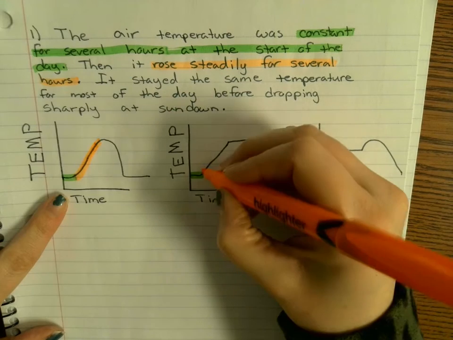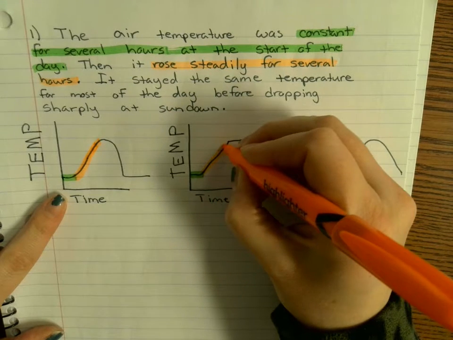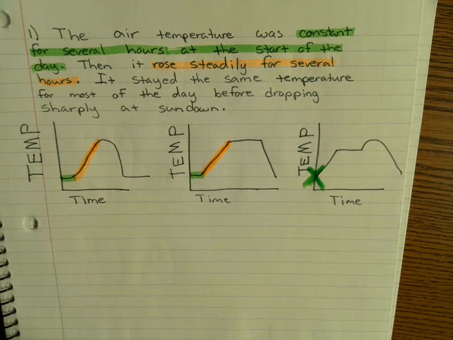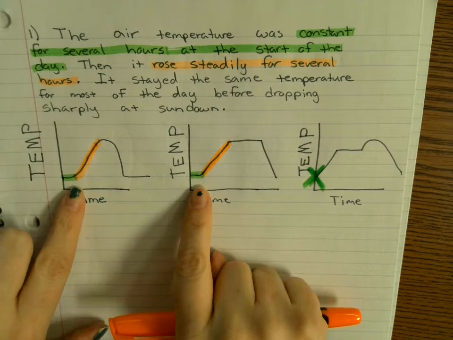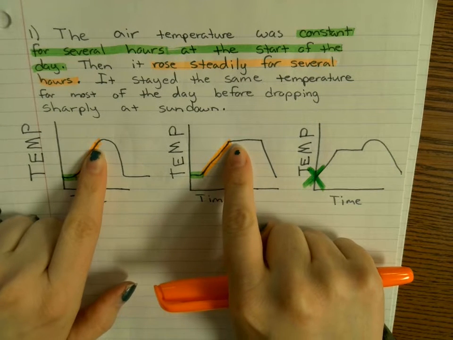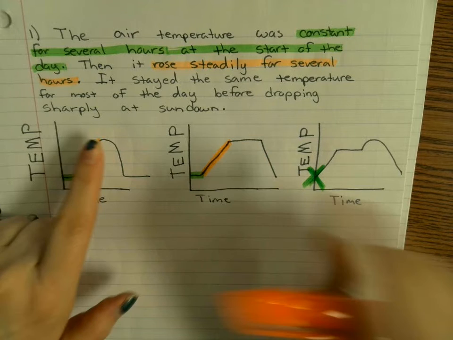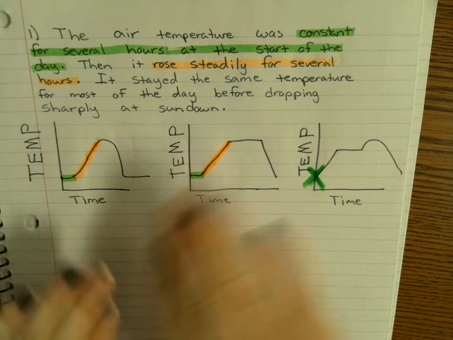Graph B is also showing that it's going up. So both of those start off with a constant temperature, then they rise steadily in temperature. So they're both consistent with each other.